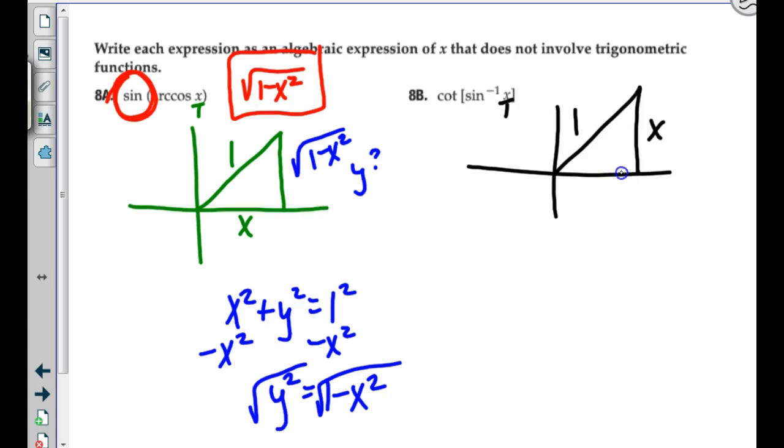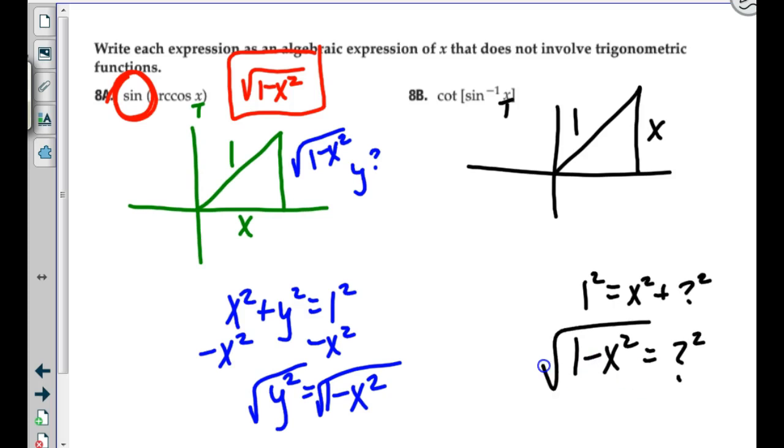Okay, how are we going to find this expression that goes down here? Plus whatever that is we're looking for, right? So we do 1 squared, which is 1, minus x squared equals what we're looking for. Square root that, yep, same old thing.